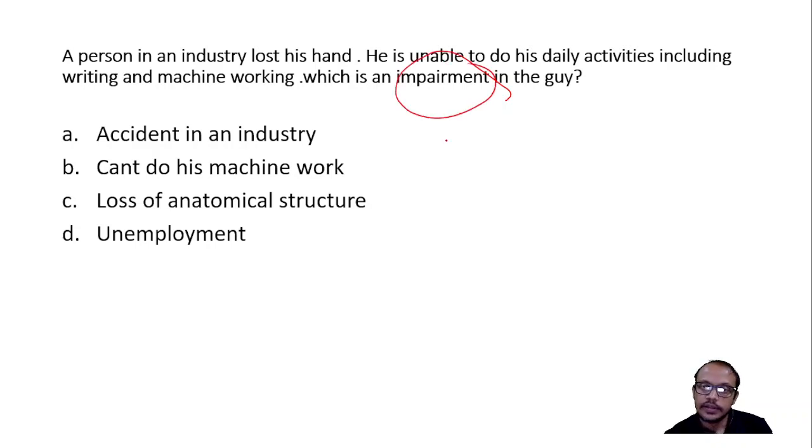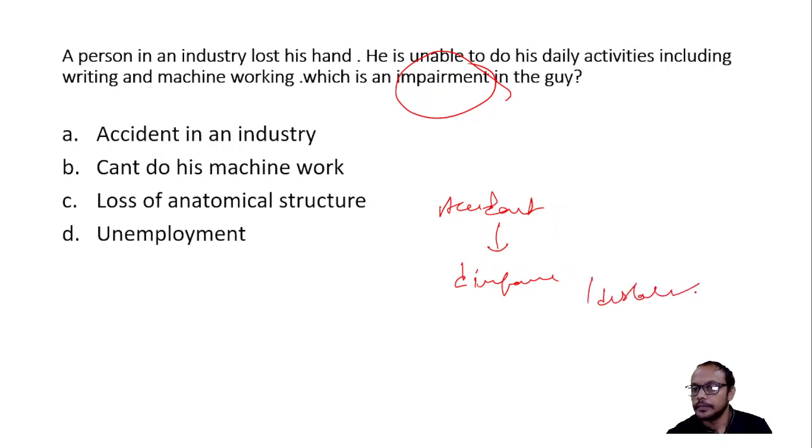Okay, there is accident, there is impairment, disability, handicap.